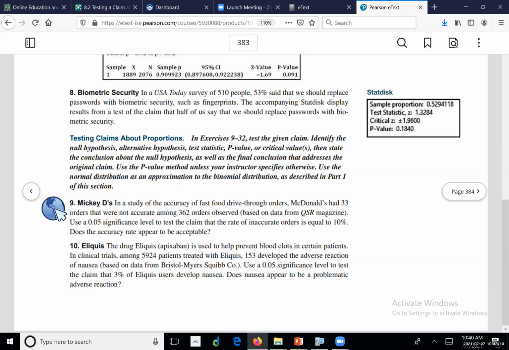Okay, I want someone to read number 10 for all of us. And then we're going to write down the null hypothesis and alternative hypothesis, beginning with that, and then checking requirements and so forth. Can I have a volunteer to read number 9?